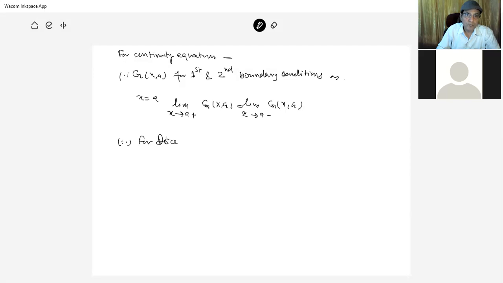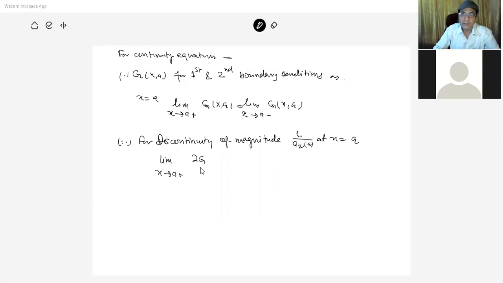For discontinuity of magnitude 1 upon a2(a) at x equal to a, this is limit x tending to a plus dg by dx is not equal to limit x tending to a minus dg by dx.